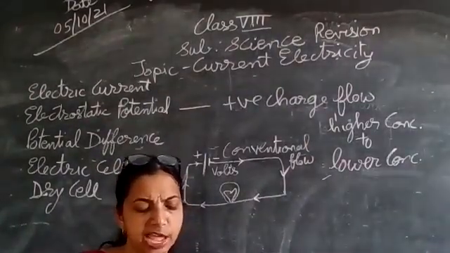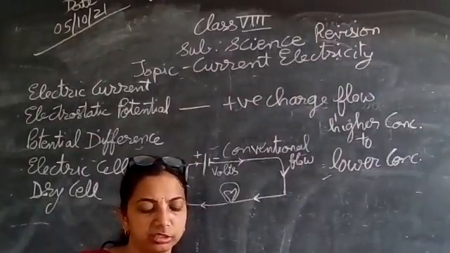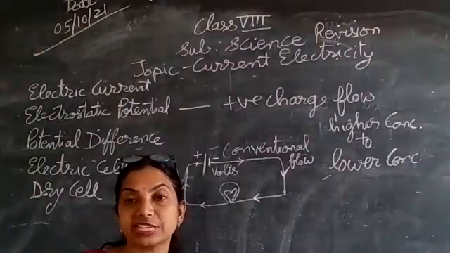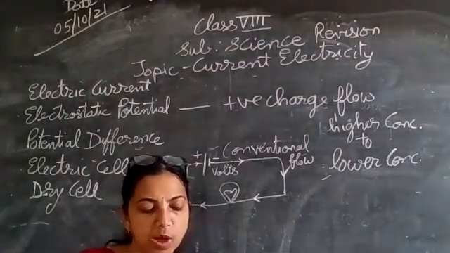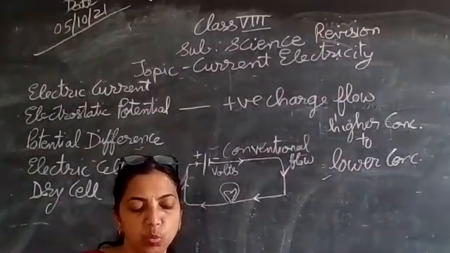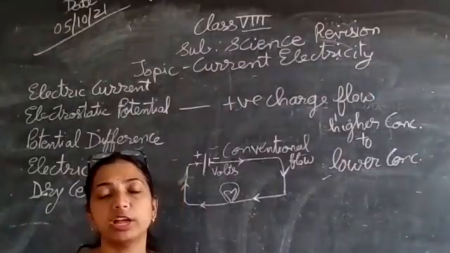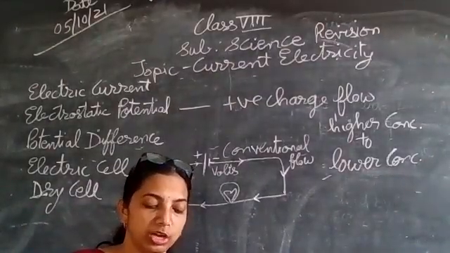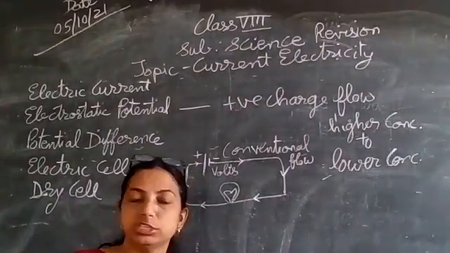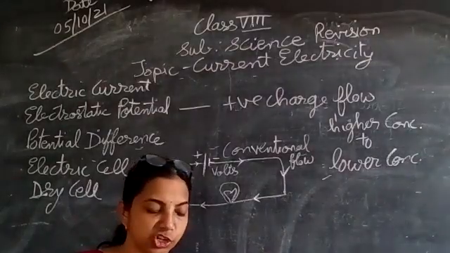Capital A stands for ampere. Electric current is a scalar quantity; it has no direction. One ampere is equal to one coulomb per second, meaning how much charge is flowing in 1 second.